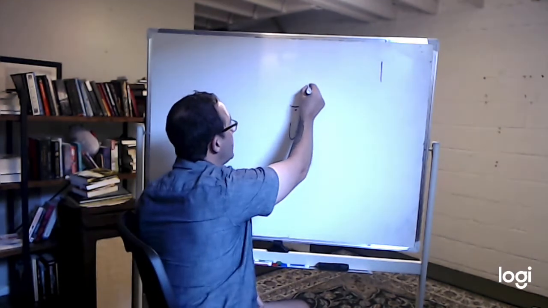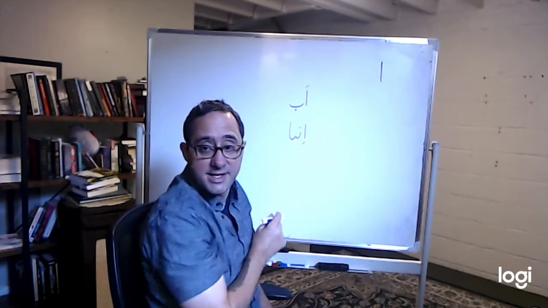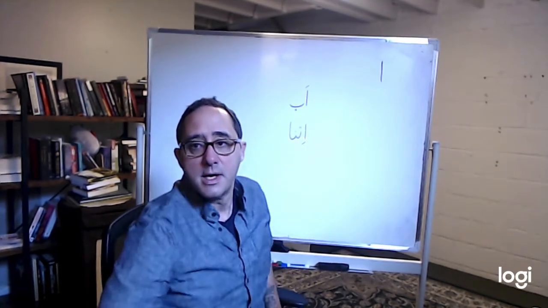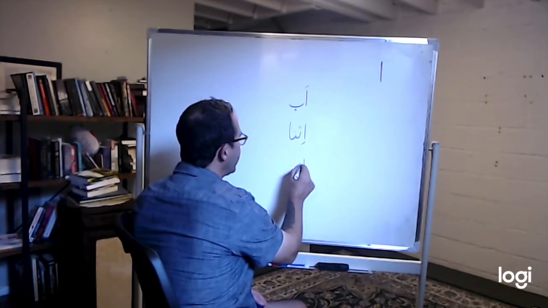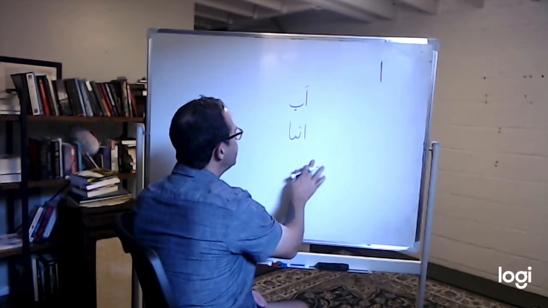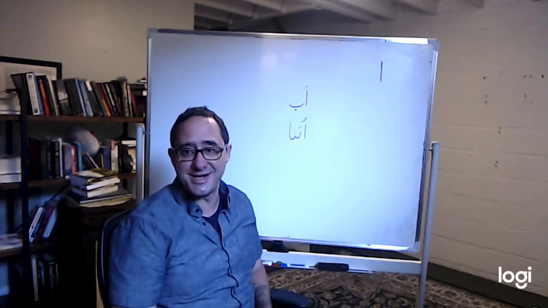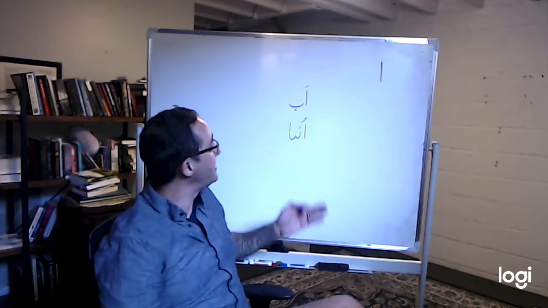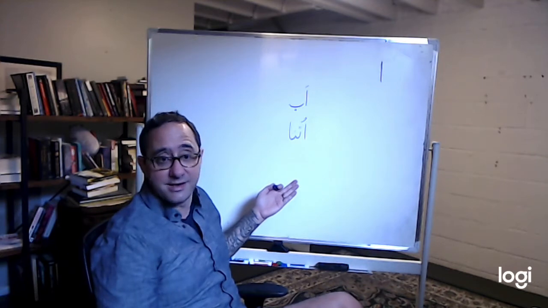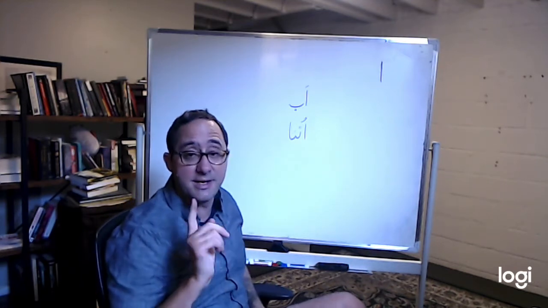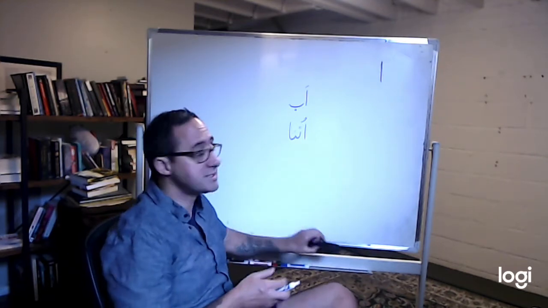If I want to show this as an i, I put this line above. Ub, itna. Utna looks exactly the same as itna, but I could put that above to show that it's utna, okay? There is no middle and end for this. There's especially no end because we don't end in short vowels.